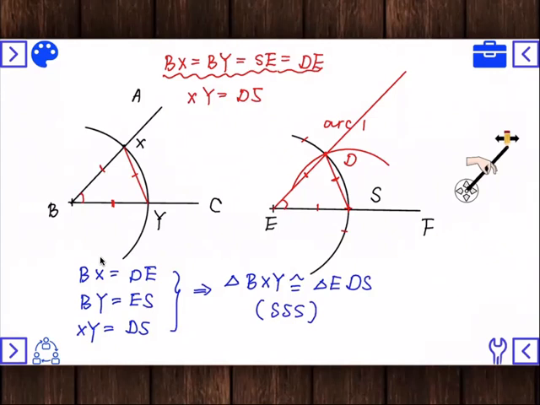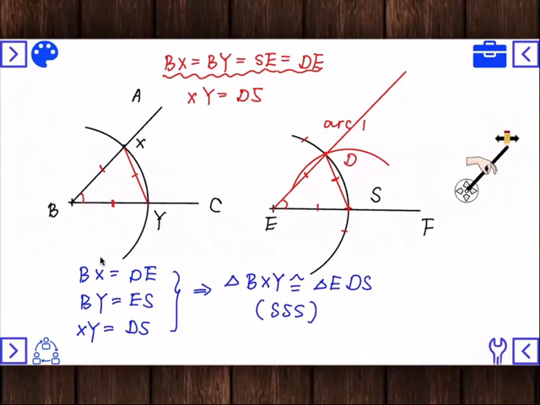If the corresponding three sides of two triangles are equal, we can conclude that the two triangles are congruent, right? That's one of the conditions that can prove the congruence of two triangles, right? So here we know that triangle BXY is congruent to triangle EDS.